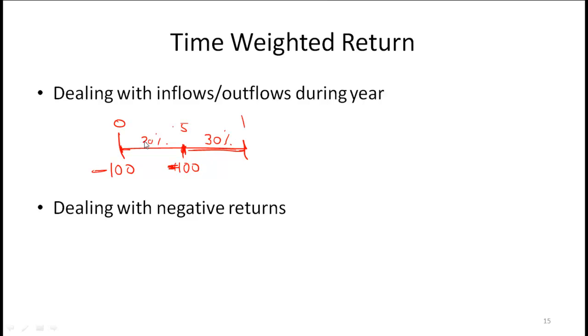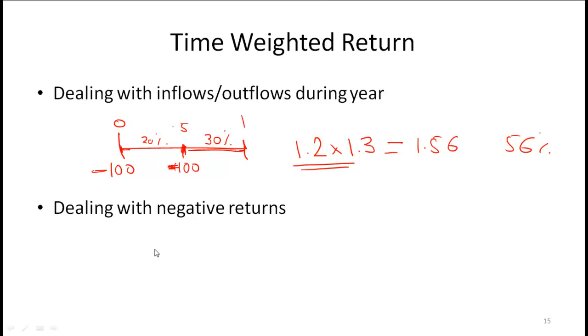So if the return was first 20%, then 30%, the overall return for the year will simply be 1.2 multiplied by 1.3. So if you do 1.2 times 1.3, you get 1.56. So over the year, we have a 56% return. So that's what you do when you have multiple returns.